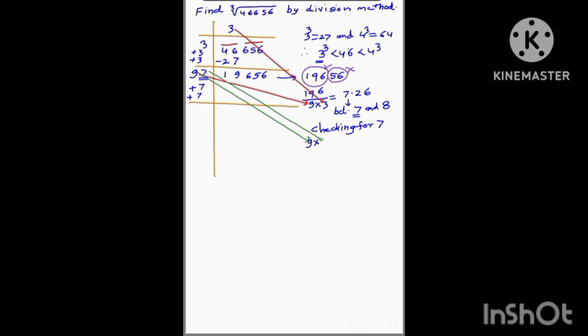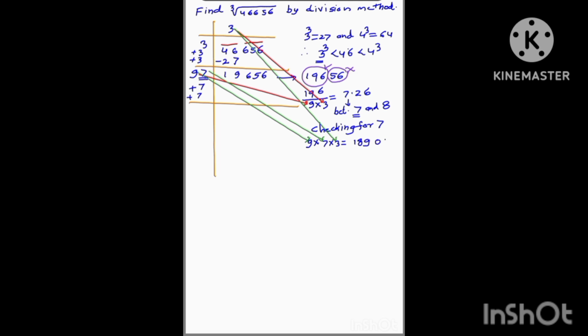Now 9 into 7 into 3. From where I am taking, just see, these steps are very important. Try to have some practice. You know from where you have taken 9, from where you have taken 7, from where you have taken 3. So carry out this multiplication.